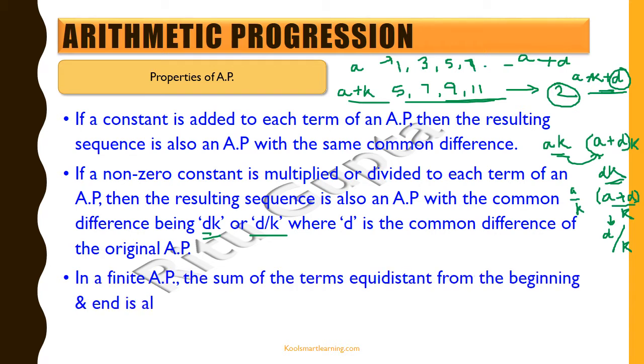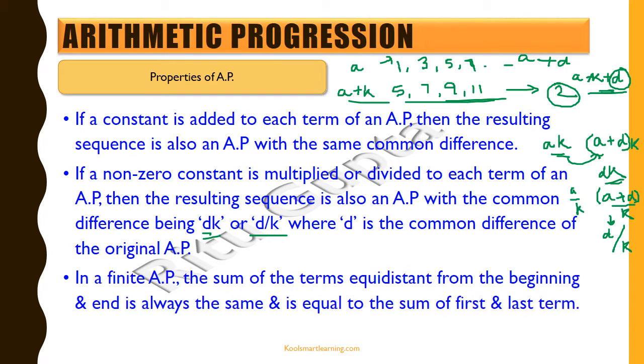In a finite AP, the sum of the terms equidistant from the beginning and end is always the same, and it is equal to the sum of the first and the last term. So we are saying the first term is a, the last term is a plus (n minus 1)d. The second term is a plus d.